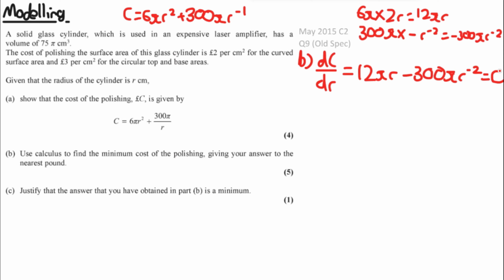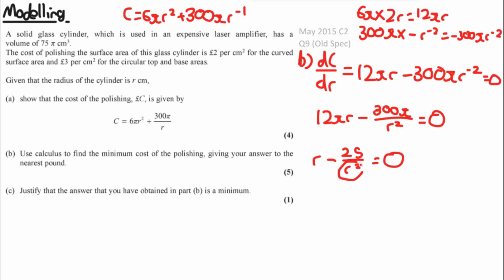and then we're going to equal this to 0, and we need to find the value of r for when we equal this to 0. So let's do that. First I'm going to write it in the fraction form to make it a bit easier. So it's 12 pi r minus 300 pi over r squared, and this is equal to 0. First of all, I'm going to divide everything by 12 pi, because 300 is divisible by 12, and this gives r minus 25 over r squared is equal to 0.